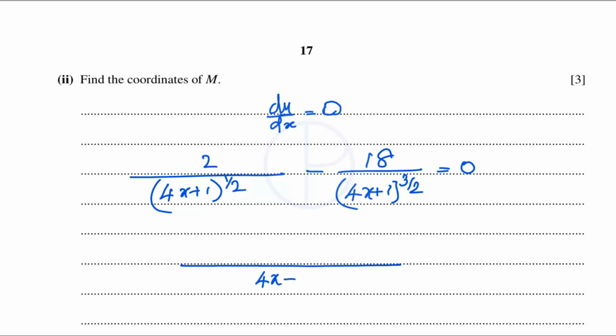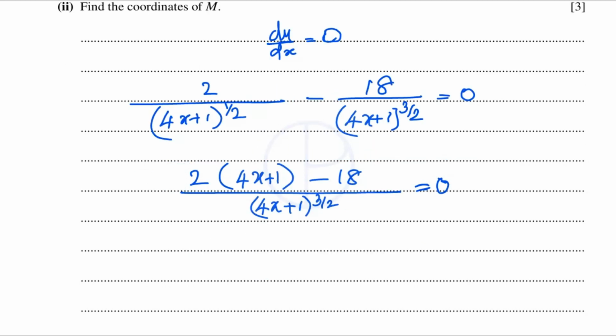Let me take 4x plus 1 the whole power 3 over 2 as the common denominator. So we get 2 multiplied by 4x plus 1 minus 18 equal to 0. So this expression will be equal to 0 when the numerator is equal to 0.